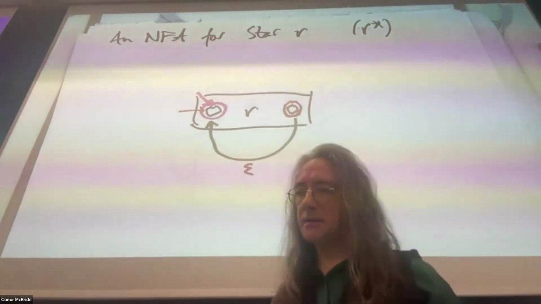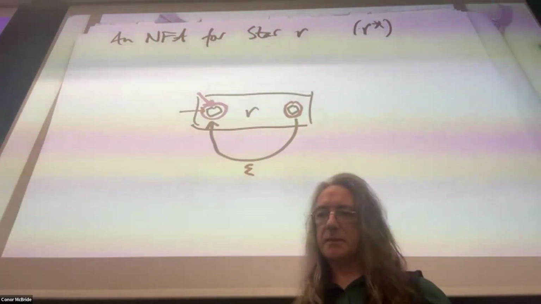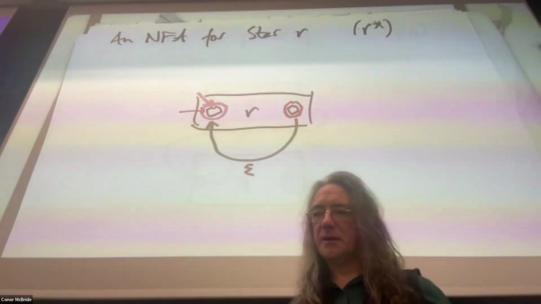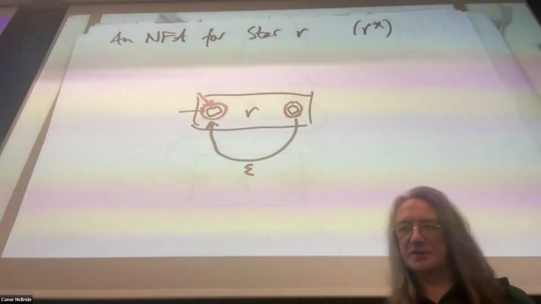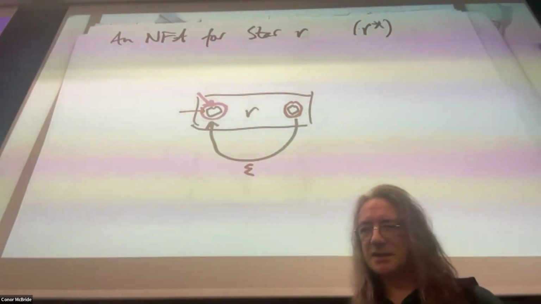So I think we just have to move this out of R and make an epsilon transition. You've lost me. Let's say, maybe I'm wrong.